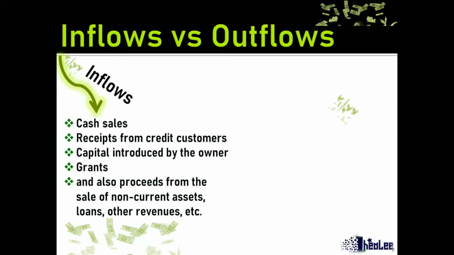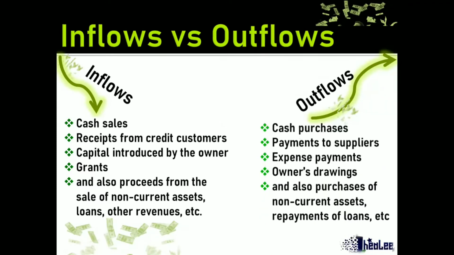We're going to look at the outflows now. What causes cash to go out of the business? Here's a list of items that cause an outflow of cash. That would be cash purchases, because you have to pay for the goods, payments to suppliers, expense payments, owner's drawings when the owner takes cash for personal use, and also purchases of non-current assets, repayments of loans, and other expenses.